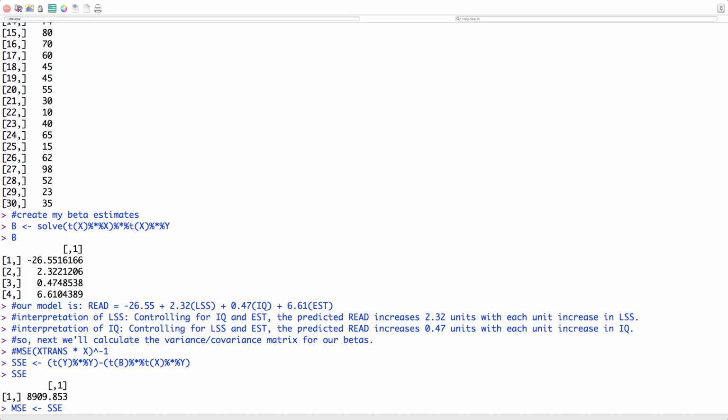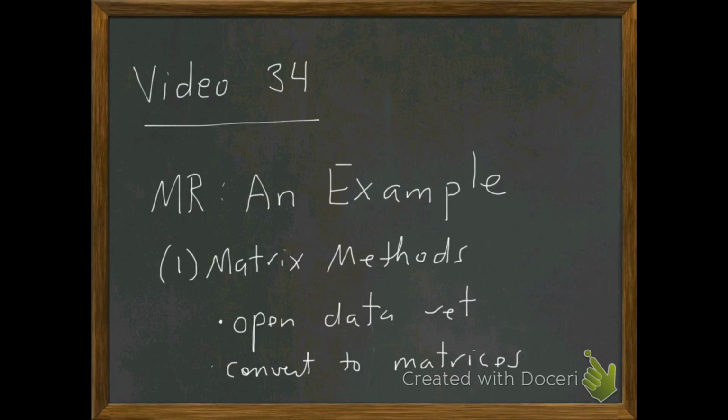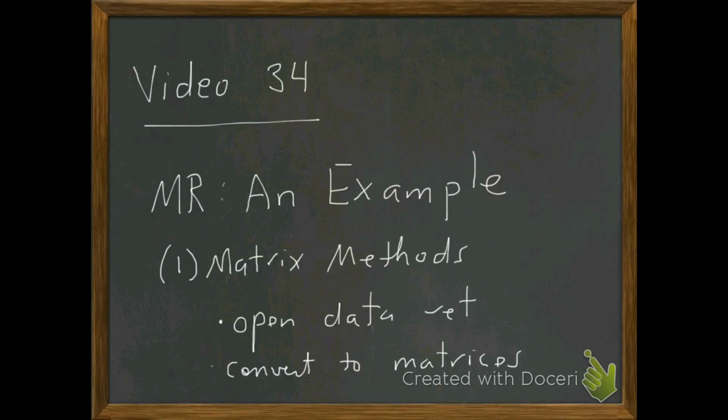Now in this situation, our degrees of freedom for the error term are going to be, well, this gets kind of complicated. I'll tell you what, let me get out of here and go back to this. Now this is complicated even for me. It depends on how we do this.